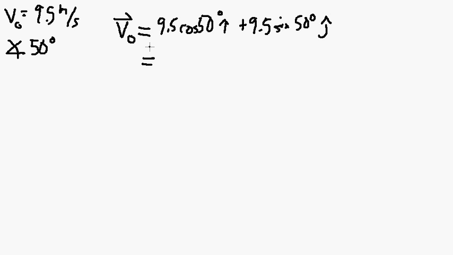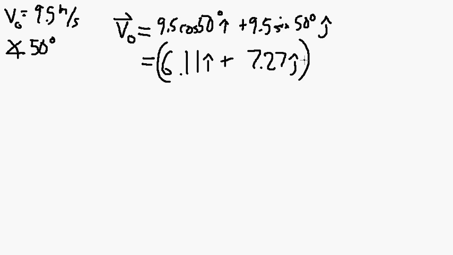And that equals, using my trusty little TI here, 9.5 times cosine of 50, so that's 6.11 i hat plus 9.5 times sine of 50 is 7.27 j hat, and this is all in meters per second. Okay, so that's where we're standing here.